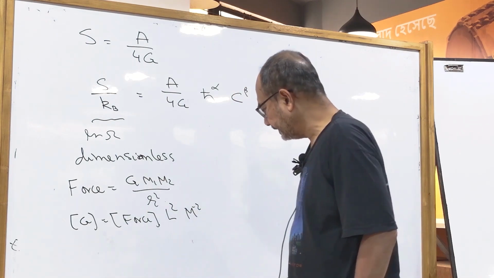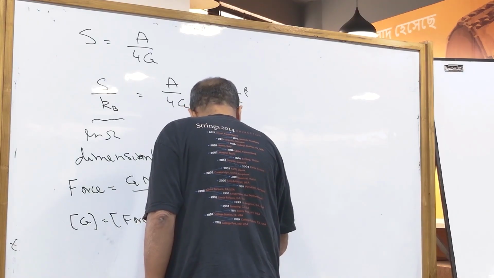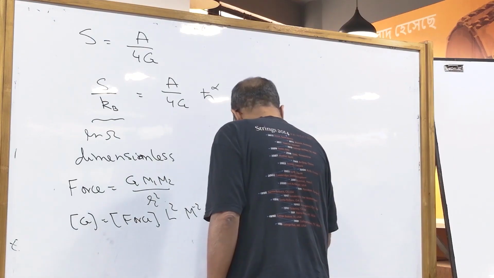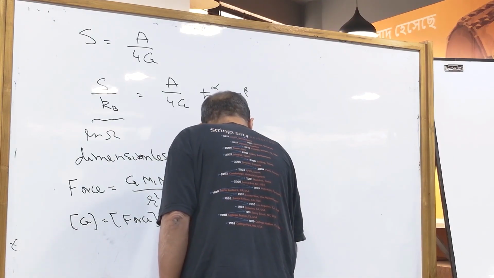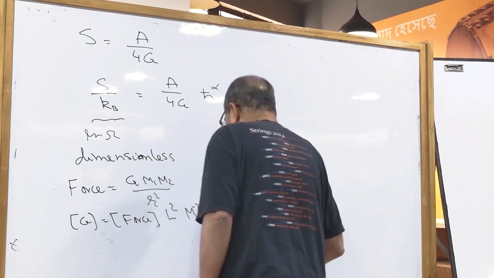Force has dimension mass times acceleration, m L t to the minus 2, times L square times m to the minus 2. So, this gives you m inverse L cube t to the minus 2.